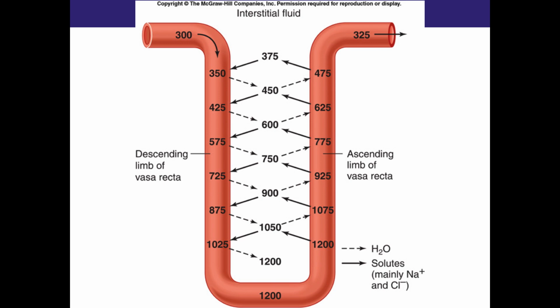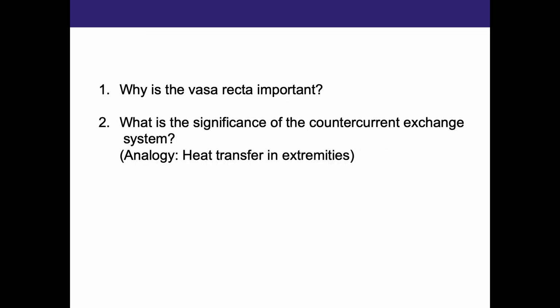So again, what is the significance of the countercurrent exchange system? Why is the vasa recta important, and what is the significance? We actually had a discussion about this already. Why do we have this very specialized blood transport system that surrounds the loop of Henle?